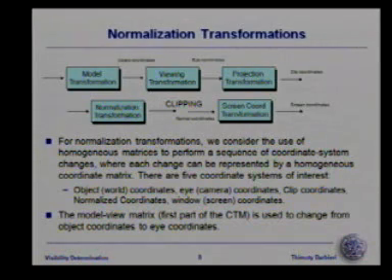From these coordinates, usually the engines transform these coordinates into camera coordinates. That is, they recalculate all the coordinates according to the current position of the viewer.